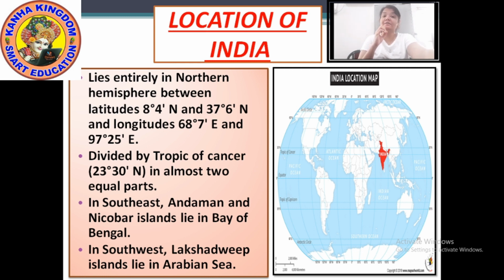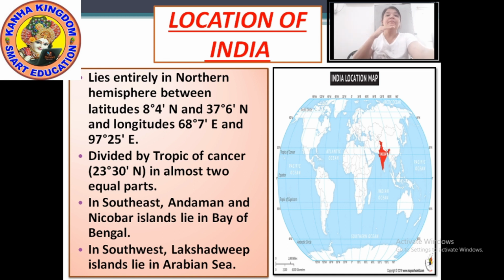So India lies in the northern hemisphere, between the latitudes of 8 degree 4 north and 37 degree 6 north, and the longitudes are 68 degree 7 east and 97 degree 25 east. Okay, so if the latitudes and longitudes are not there, it won't be easy for you to understand the proper location of any places.